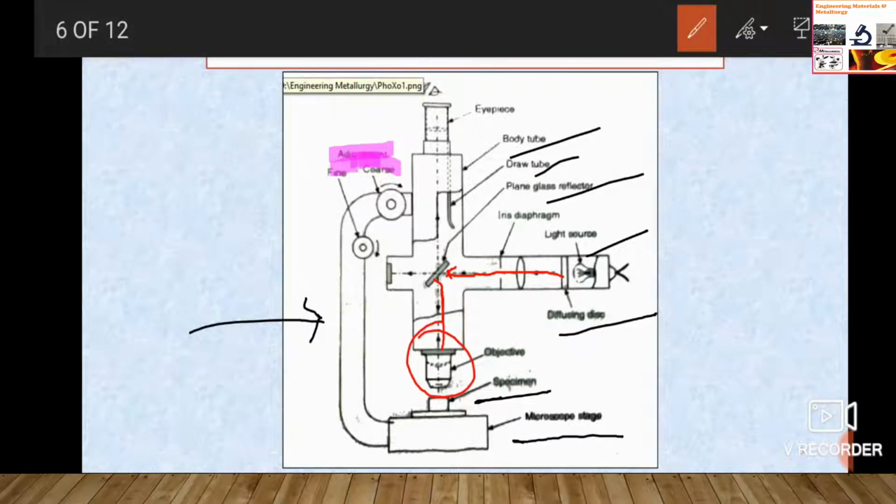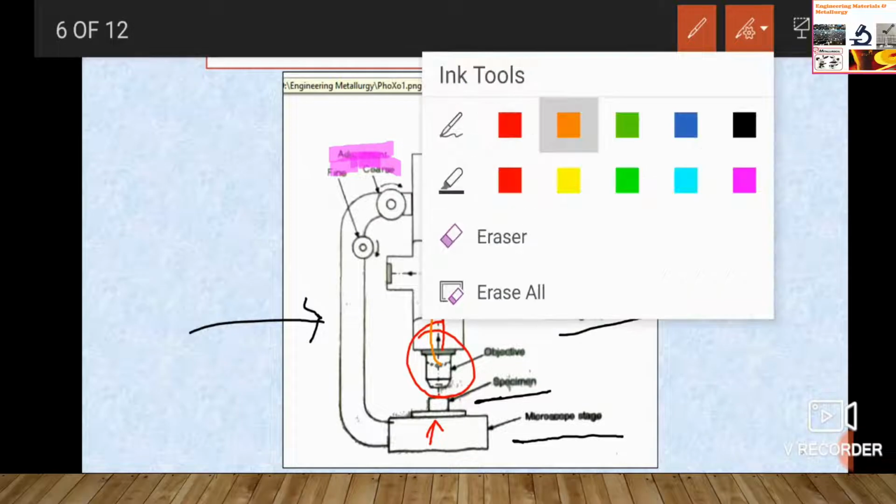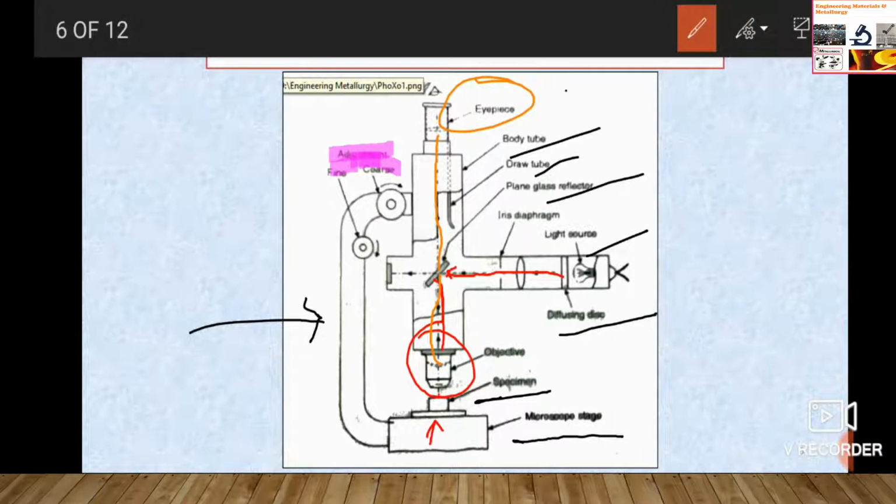So through that objective lens, it goes to the specimen. From the specimen, it is again reflected back through this glass reflector, and it is reflected back to this eyepiece.